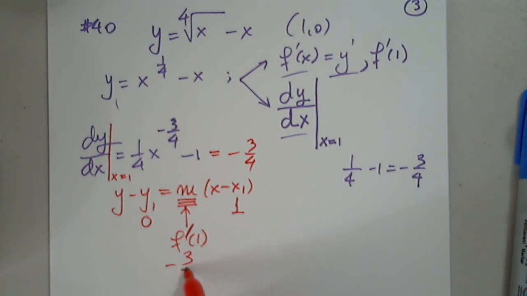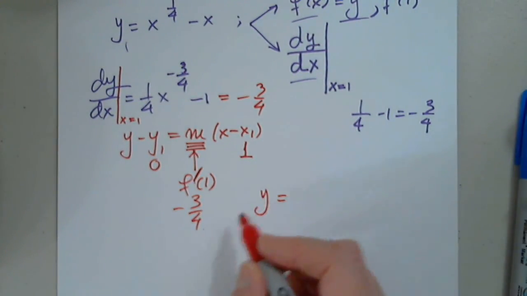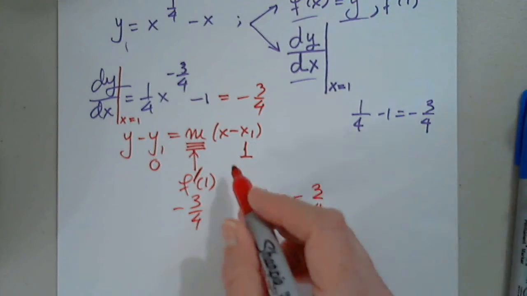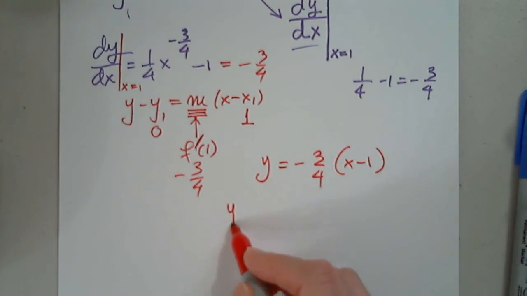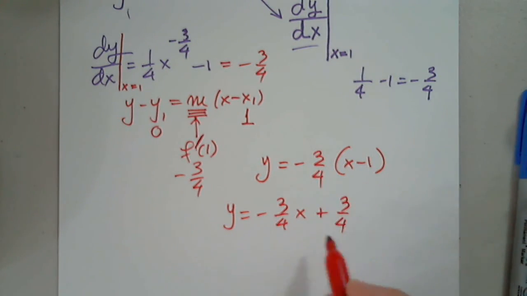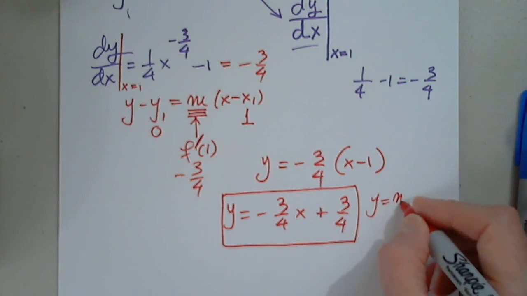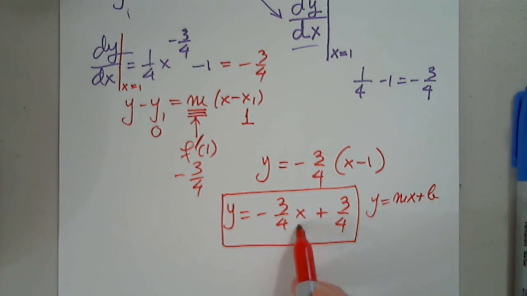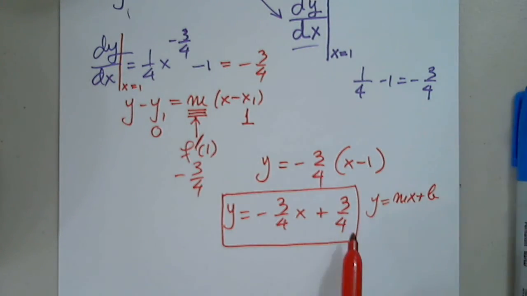So this is negative 3/4. So y minus 0 is just y. Negative 3/4 is outside, and x minus 1. And we need to distribute. So y equals negative 3/4 x plus 3/4. We have to present the equations as y equals mx plus b. The slope is negative 3/4 and the y-intercept is 0, 3/4.